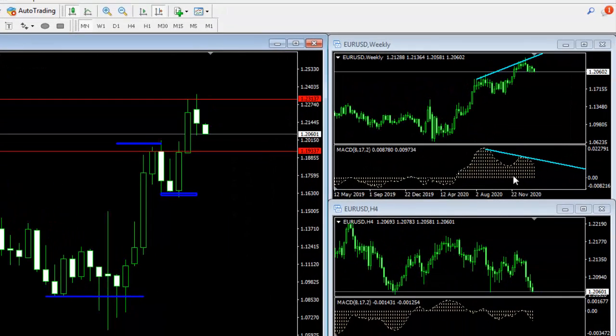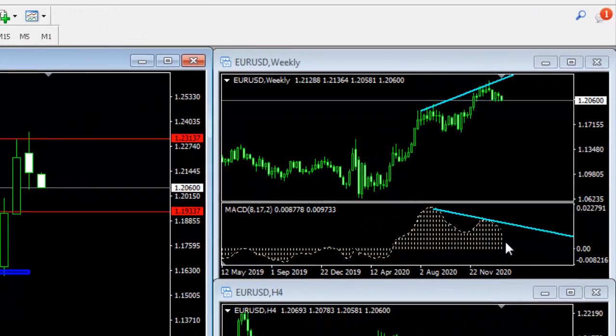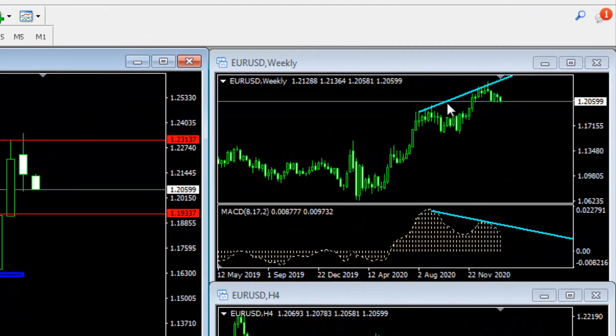Also we see that on the weekly we have some divergence on the MACD and the price, so I'm expecting the price to come down further. That could just be the move back to that level, and it could go higher as well, which I still expect it to do.